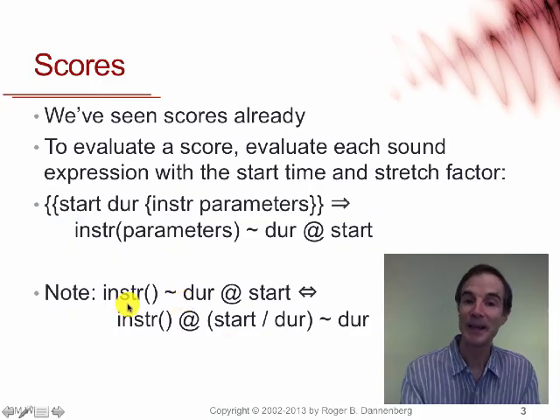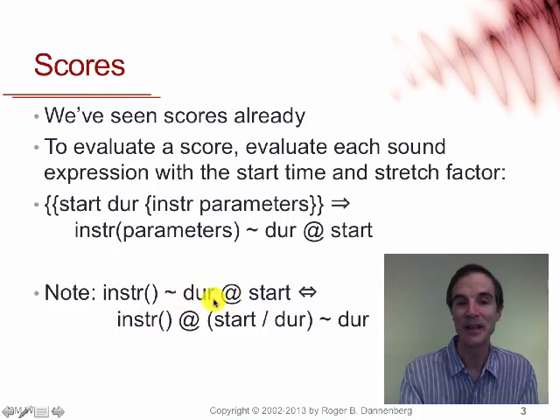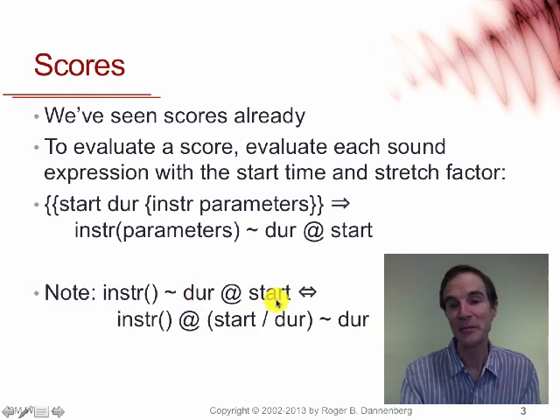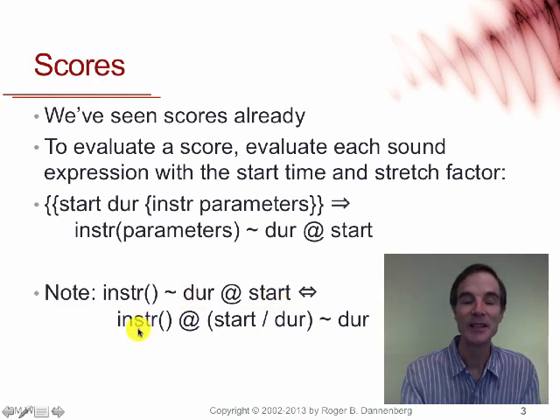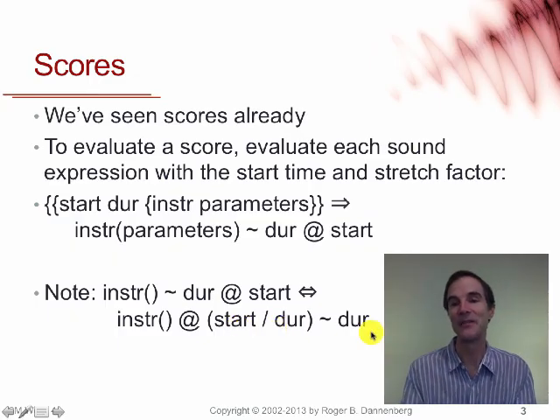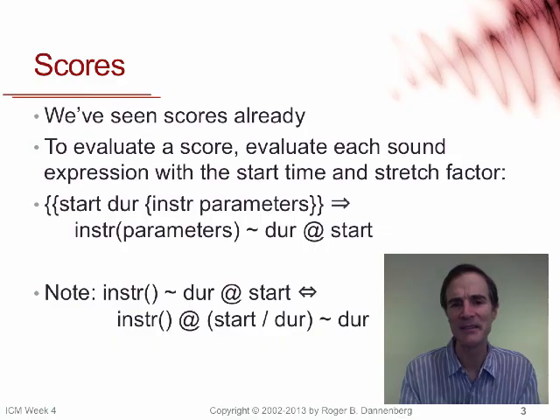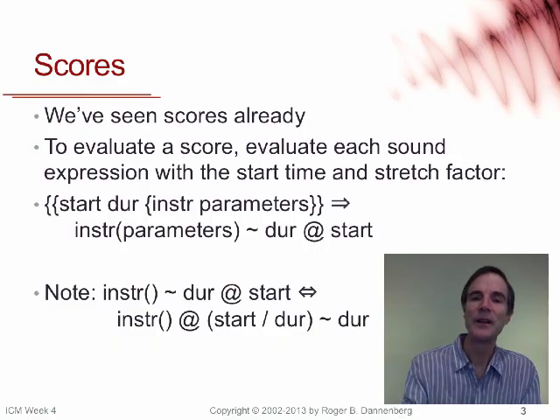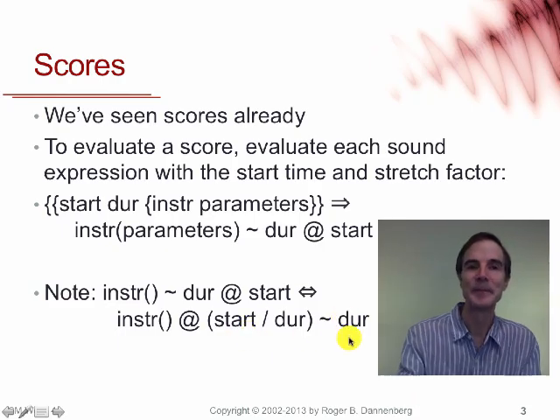And notice that we can't flip the stretch and the shift. We can rewrite stretch by duration and then shift by start as shift by start divided by duration, stretch by duration. If that doesn't make sense, think about what a stretch factor is going to do to a start time here.